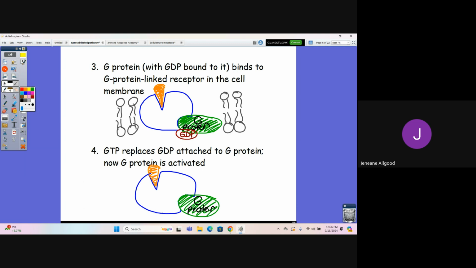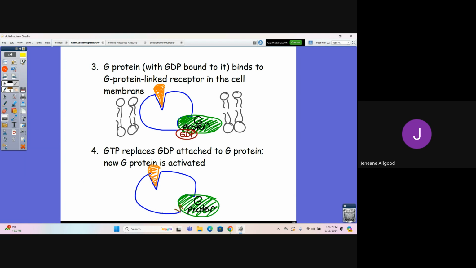And so the only way that the G protein can become activated is if it now is going to have GTP attached to it. And apparently that only happens when it is docked in with the G protein linked receptor.